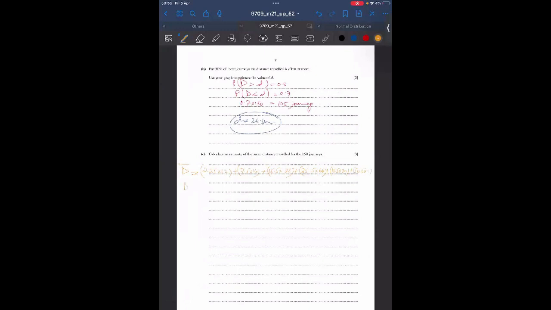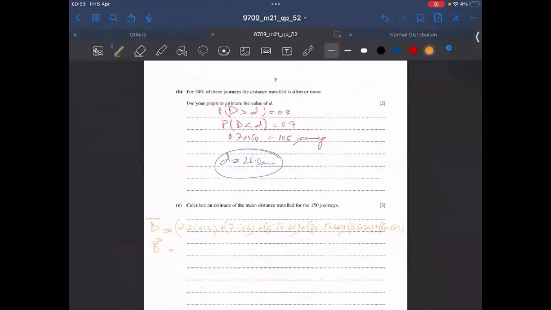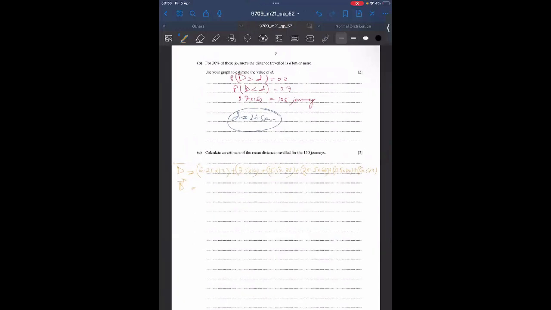All right. So then I have, divided by what? Iman, divided by what? 150. What's the value we are getting?